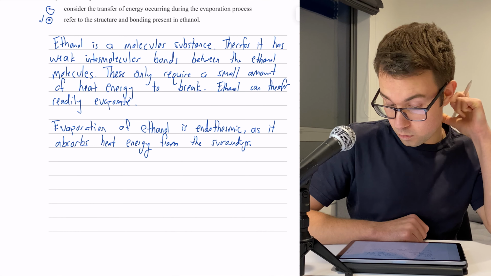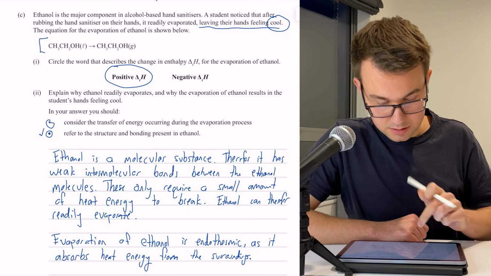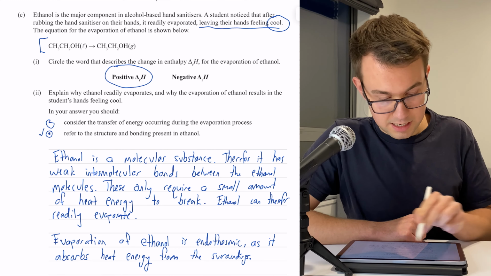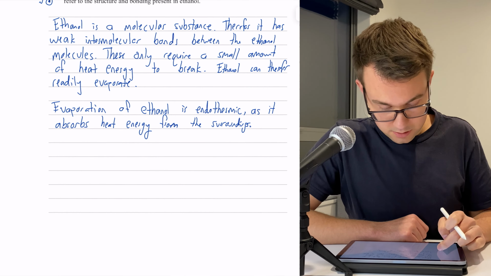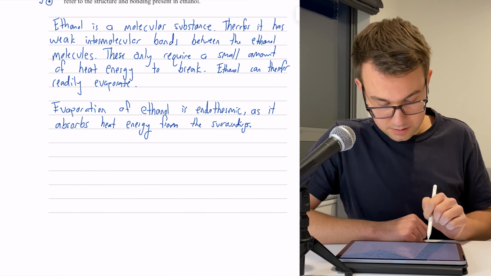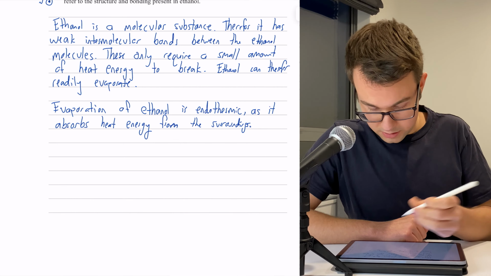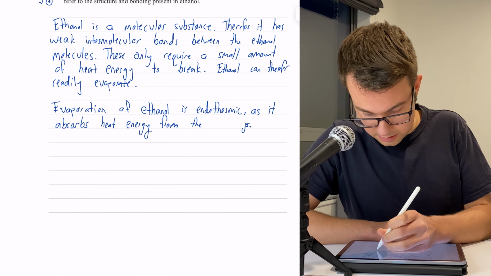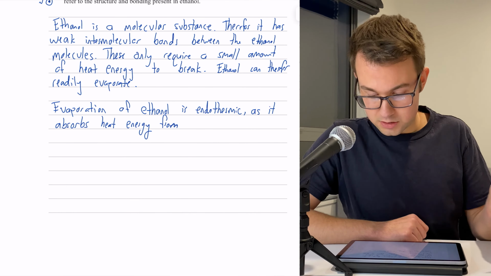Okay, now what are the surroundings here? Well, it said earlier that it's on a student's hands, right? The hand sanitizer. Yes, very cool. Okay, so let's say it absorbs heat energy from the surroundings. Okay, well, how about we get rid of that and, instead of the surroundings, let's not be super vague.